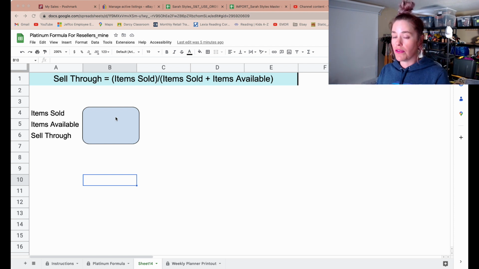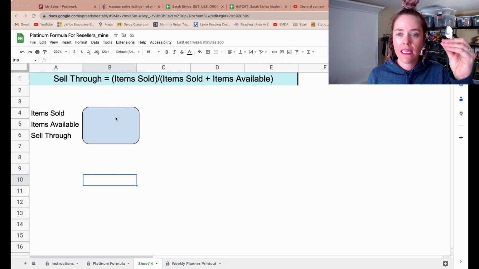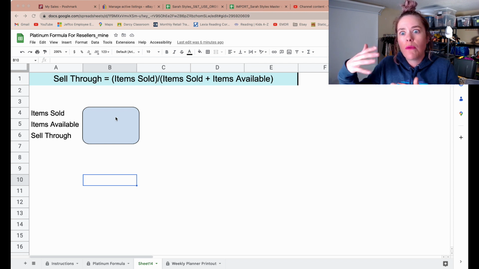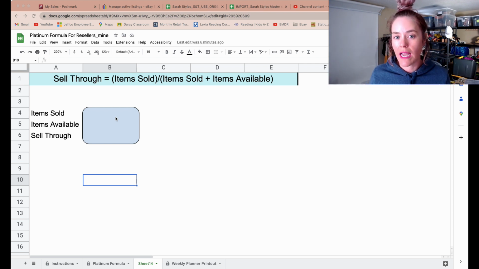You can do it for a month, you can do it for a year, whatever it is, do it for the same time period for all variables, but the items that sold need to be in the top, the numerator, and in the denominator, the bottom, what you're dividing by, because they sold, but they were available items during this time period that you're looking at, and then you add that to the items that were available, and that's going to give you your sell-through rate.